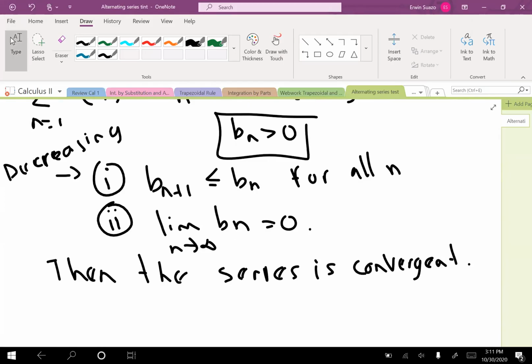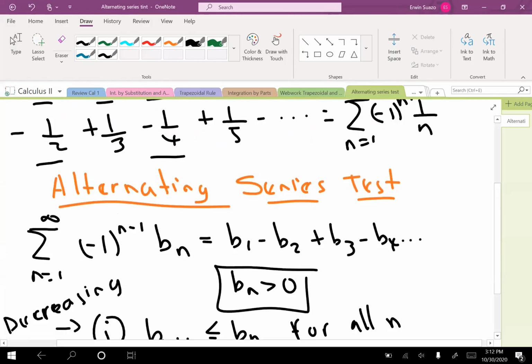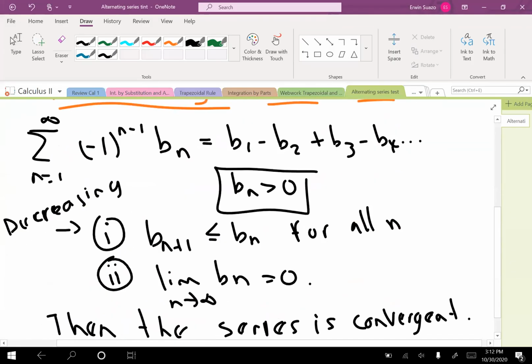So let's check that the one over here can be solved using the alternating series test.